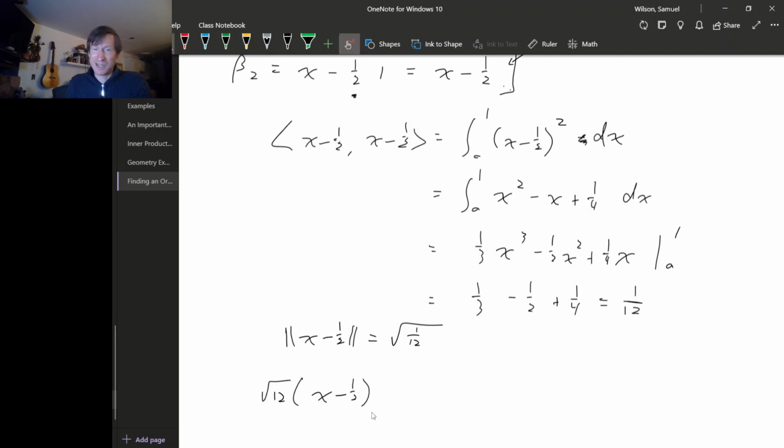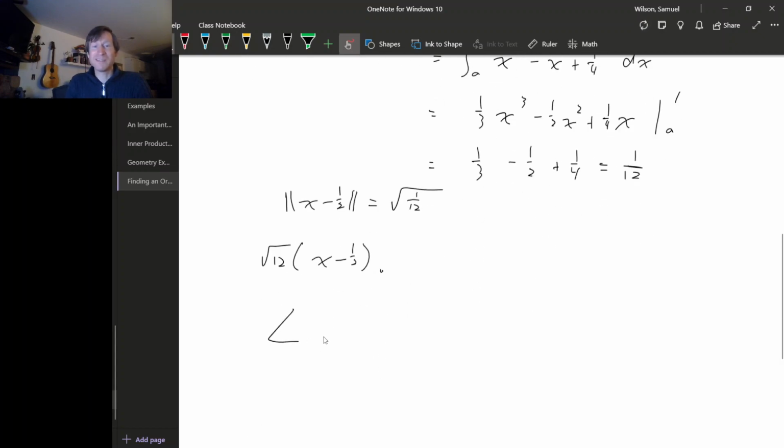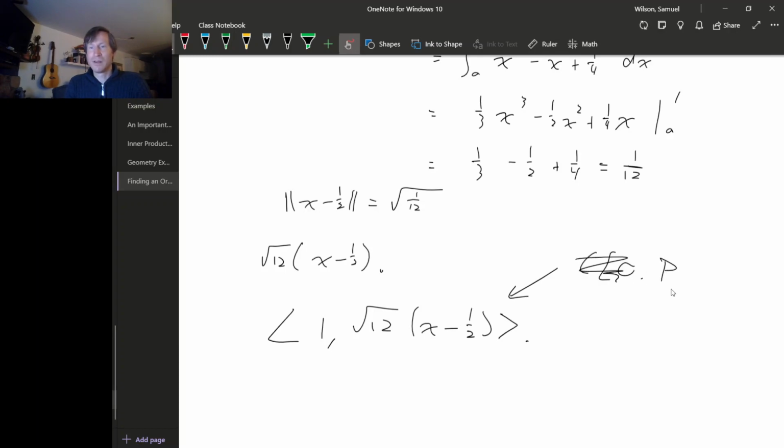Okay, so our orthonormal basis is 1 comma square root of 12 times x minus a half. And so that's an orthonormal basis for P1 as a subspace of the inner product space C from 0 to 1.